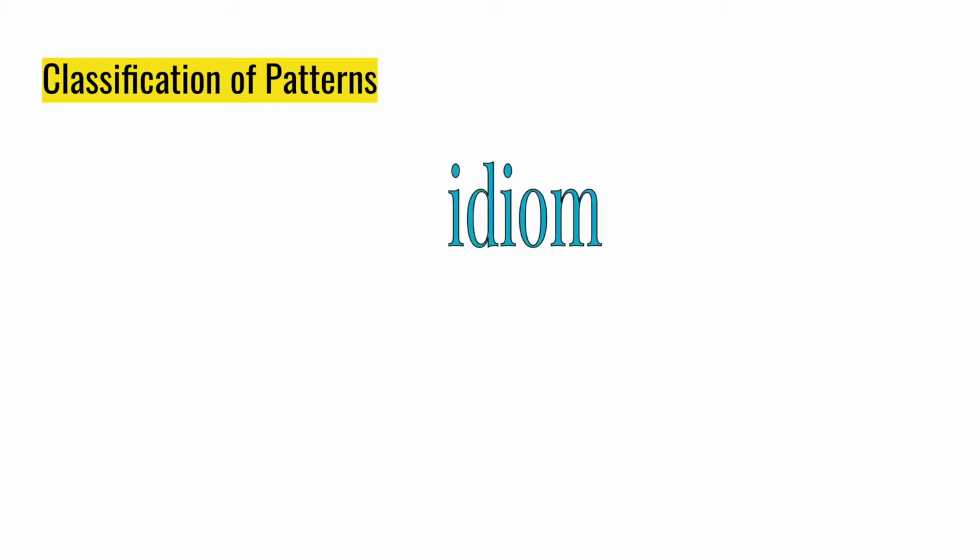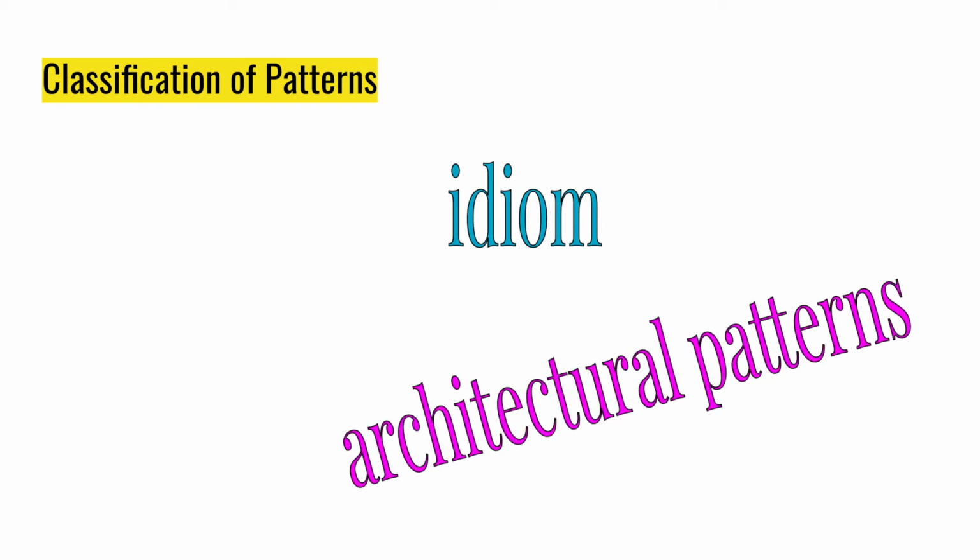The most basic and low-level patterns are often called idioms. They usually apply only to a single programming language. The most universal and high-level patterns are architectural patterns. Developers can implement these patterns in virtually any language. Unlike other patterns, they can be used to design the architecture of an entire application.